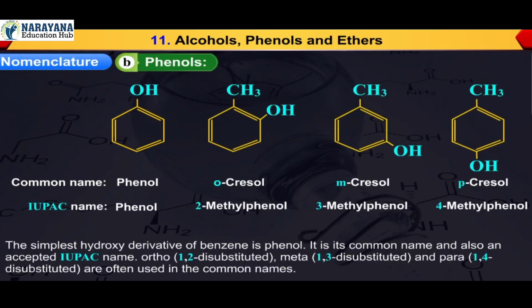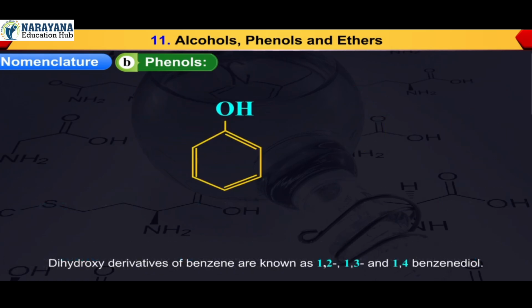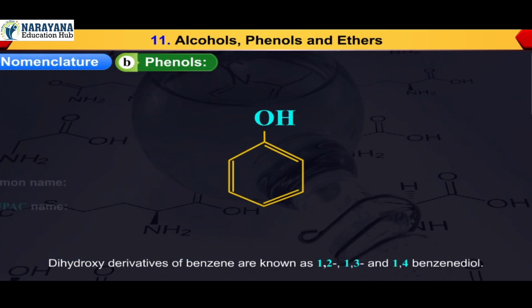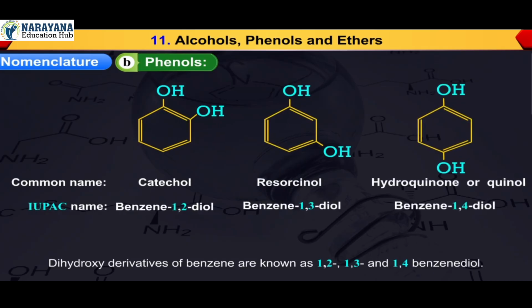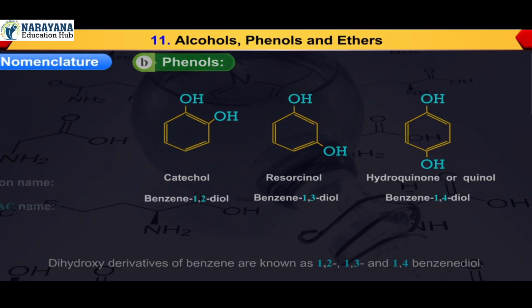As the structure of phenol involves a benzene ring, in its substituted compounds the terms ortho (1,2-disubstituted), meta (1,3-disubstituted), and para (1,4-disubstituted) are often used in the common names. Dihydroxy derivatives of benzene are known as 1,2-, 1,3- and 1,4-benzenediol.